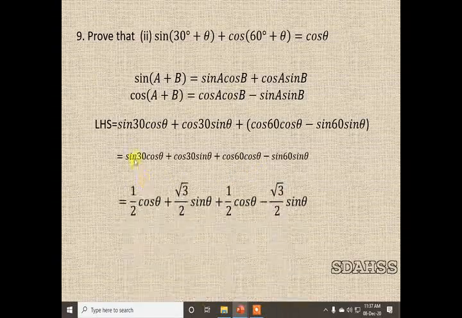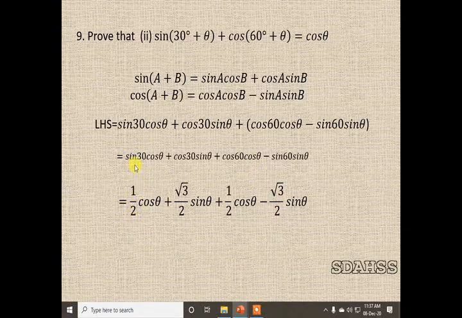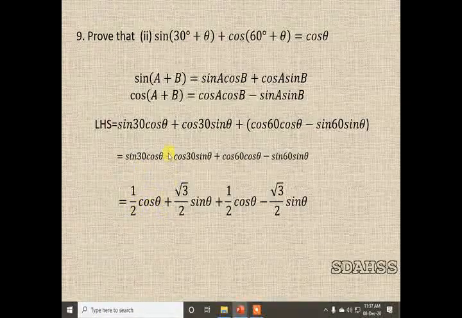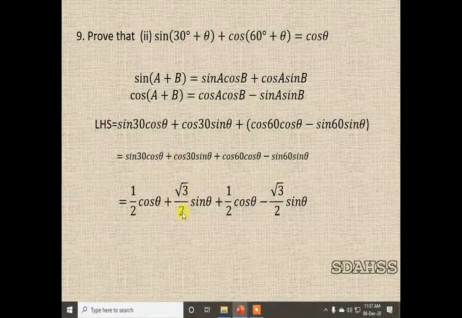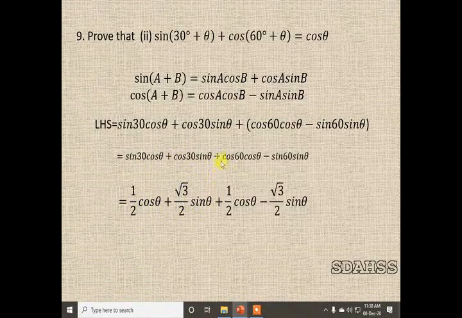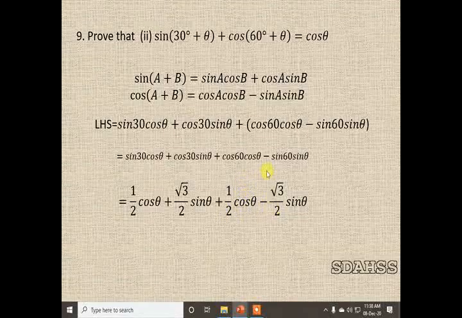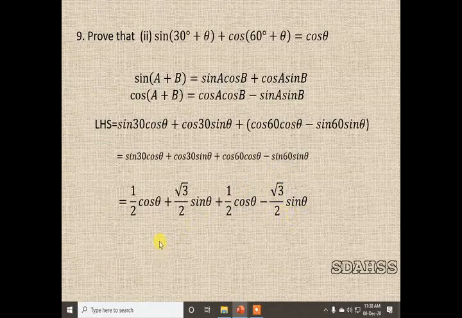Substitute the values. In the place of sin 30 we know that it is 1/2. So you write 1/2 cos θ + in the place of cos 30 you write √3/2 sin θ + cos 60 equal to 1/2 cos θ − in the place of sin 60 you write √3/2 sin θ.